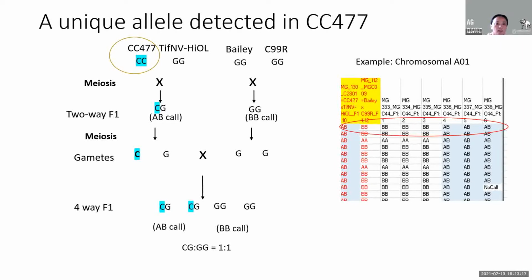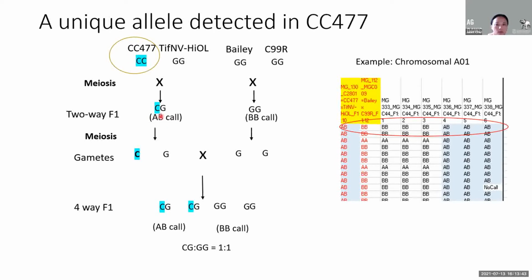In the initial two-way cross, because we assume this locus is homozygous, the hybrids after the two-way cross have this CG, which will be called AB, because CC477 brings the unique allele.